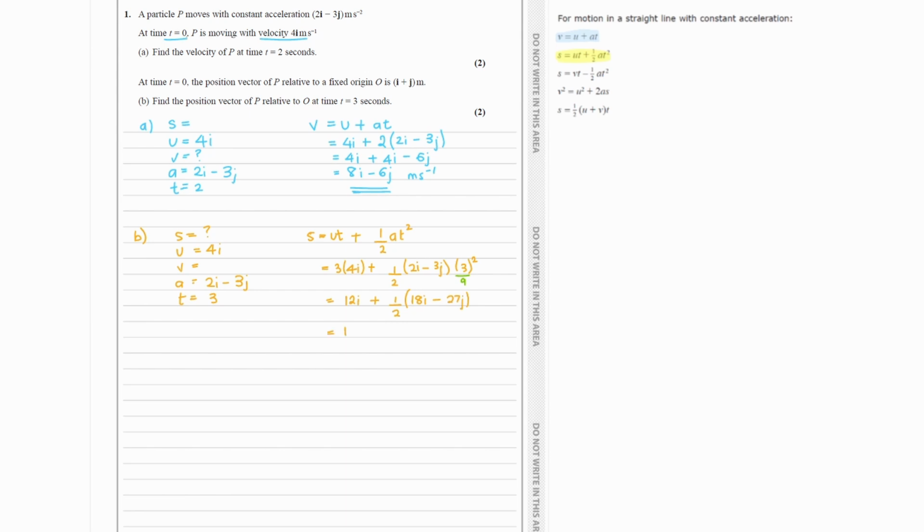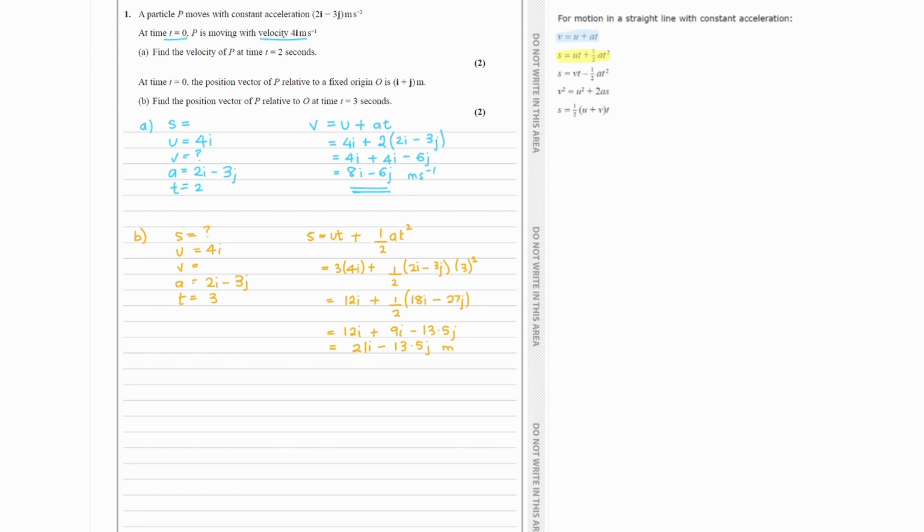And if we now halve those values in the bracket, we will have 12i plus 9i, and 27 divided by 2 gives us negative 13.5j. If we add the like terms, this now gives us a final displacement of 21i minus 13.5j. So what we have found here is the displacement when t is equal to 3.